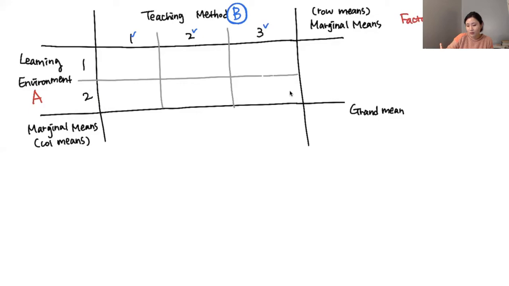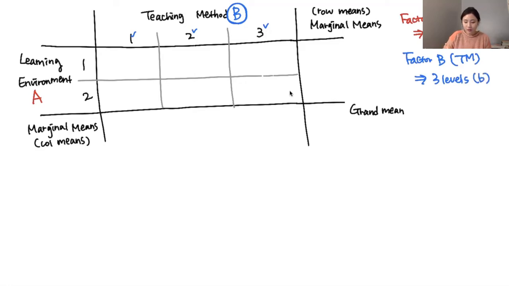I will write the number of levels for factor A, learning environment, as small a, and for teaching method, factor B, the number of levels as small b.